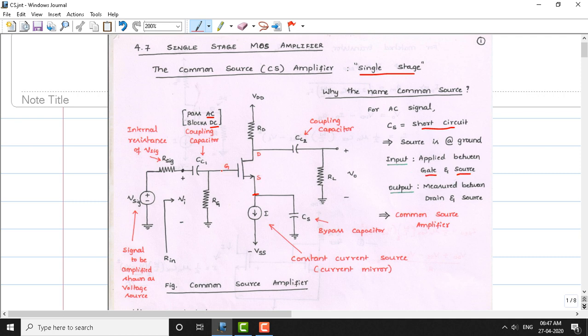So there is an AC signal, V signal, applied between the gate and source. This is our input signal. And the output is measured between the drain and source. Since the source serves as a common point between input and output, the name is common source amplifier.